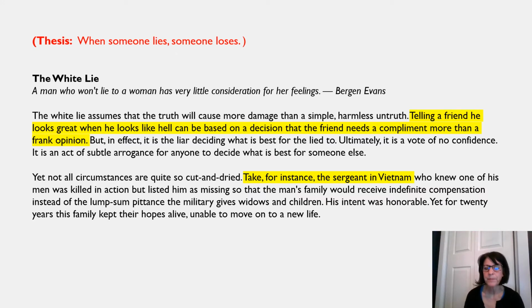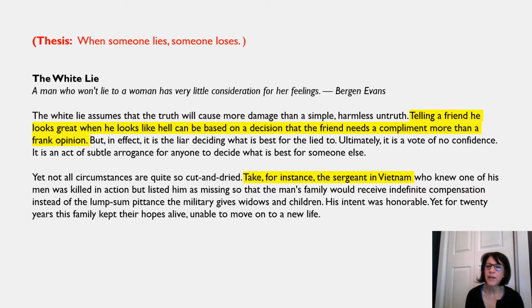It's a composite. And so this is the example again about the sergeant who lies to the family of the soldier. He feels really bad that this family is going to struggle financially without the work pay that this man would have had. And so he lies and says the soldier is just missing.